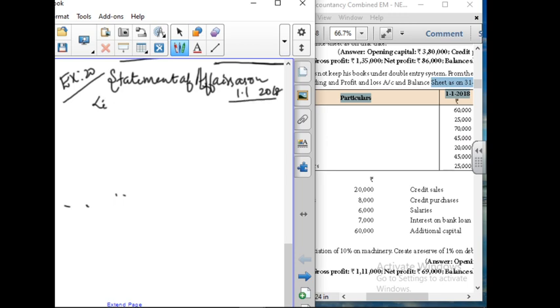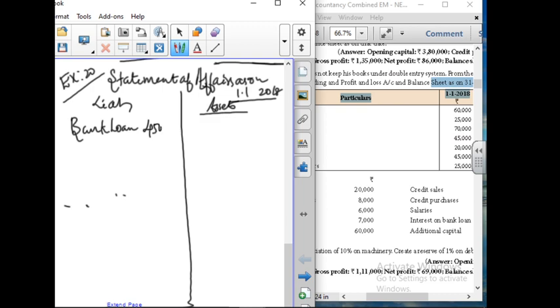So this is your liability side. This is your asset side. Under the liability side, it is bank loan, is it not? 45,000. Just look into the question.